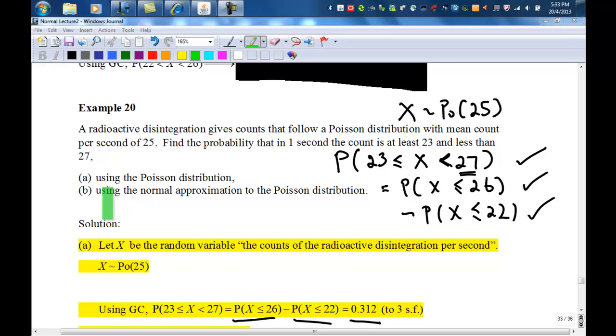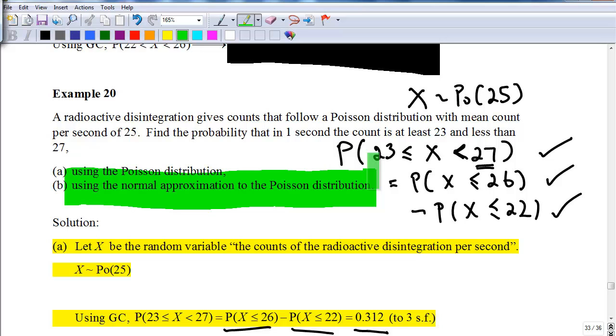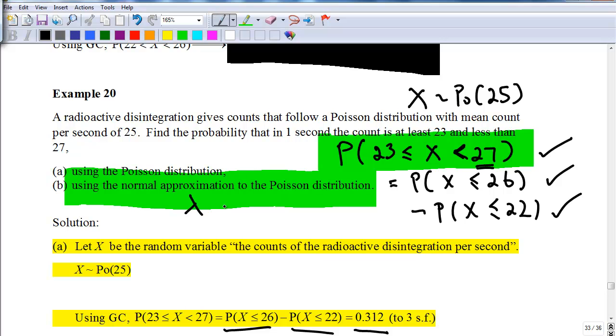Now for part B, I want to use the normal approximation to find the answer. I'm looking for this probability. So if you remember, what is the condition for the approximation? Lambda has got to be bigger than 10. Obviously you can see that here, the lambda is 25.